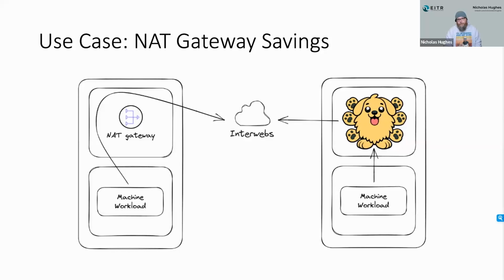And the machine workloads do not need internet access anymore. They just need to be able to talk to WebRetriever and express what they need in the expected way that WebRetriever exposes through its API. And I'll show you that in a little bit.